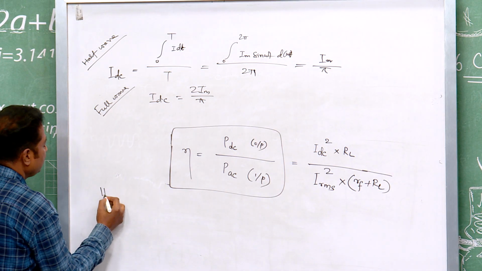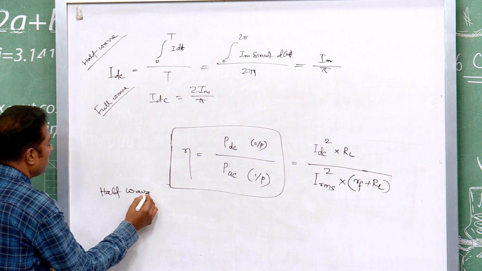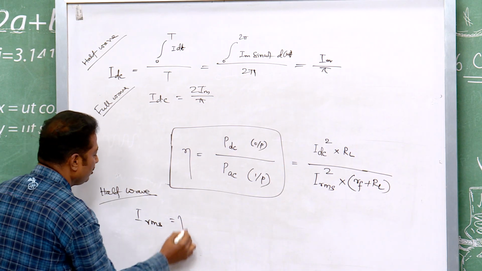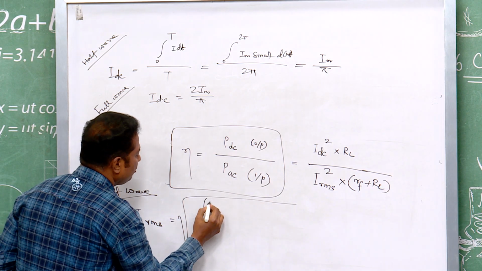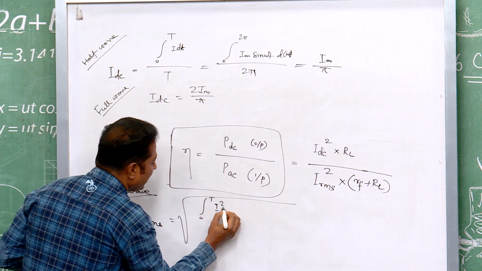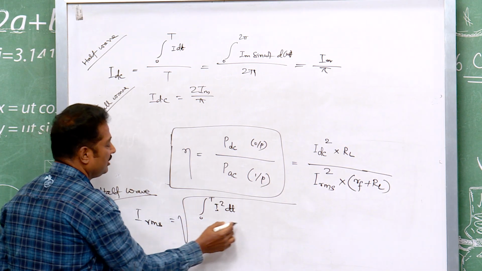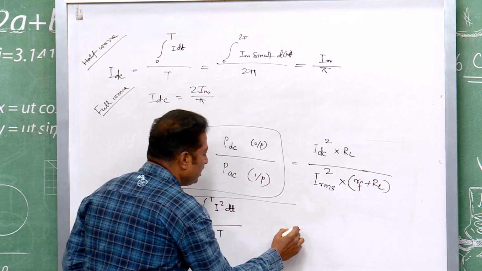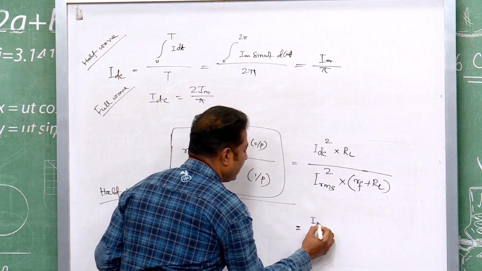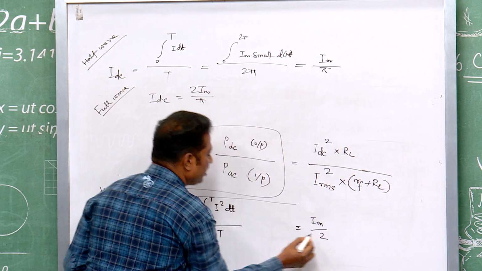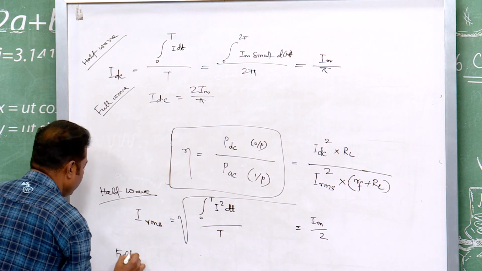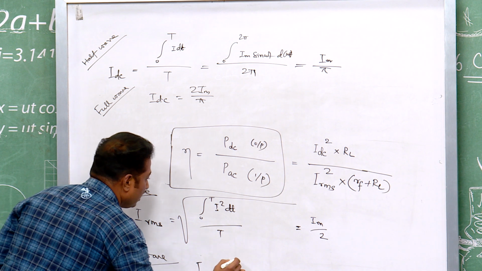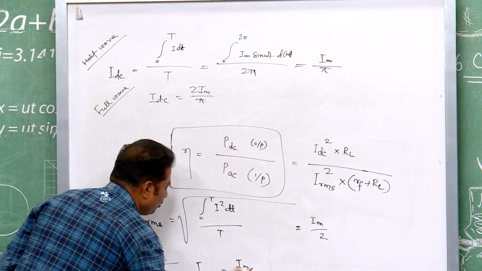Similarly, if it is half wave, IRMS will be root over integral 0 to T of I square dt by T. Finally, you will get Im by 2 for half wave, and for full wave this will be Im by root 2.